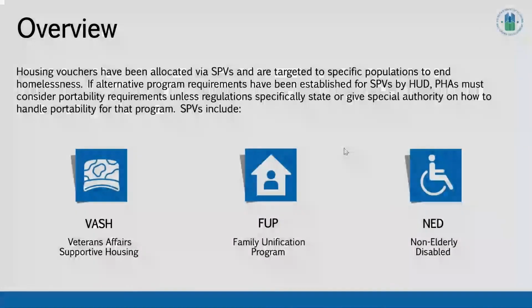The next question is, can you review the special programs information? Are FUP and non-elderly disabled allowed to port if the receiving housing authority doesn't have that program? So FUP voucher holders and non-elderly disabled can port, and the portability rules will be the same as it is for regular voucher holders.